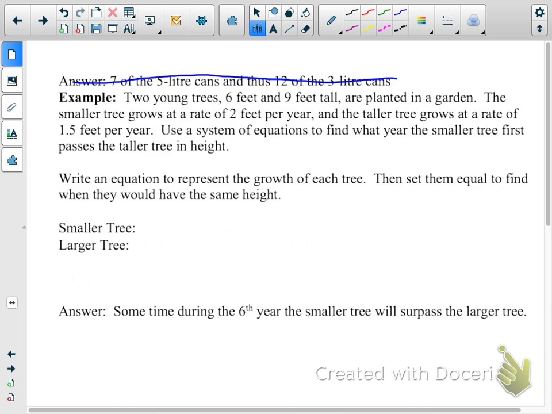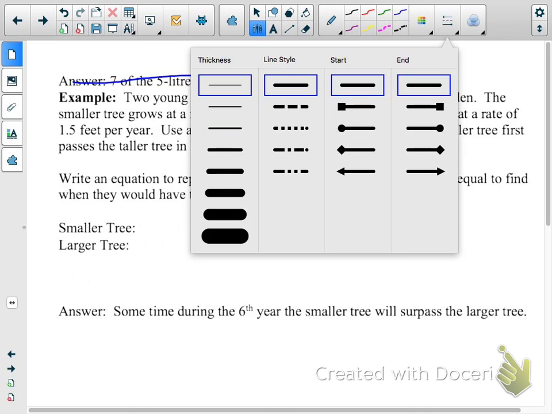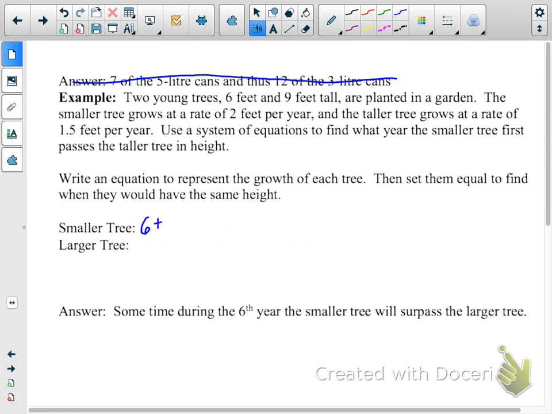So my smaller tree starts off being 6 feet tall, and then every year we're adding more feet. We're starting off with 6 feet, and every year I'm going to add 2 feet to that. So my equation is going to be 6 plus 2f.